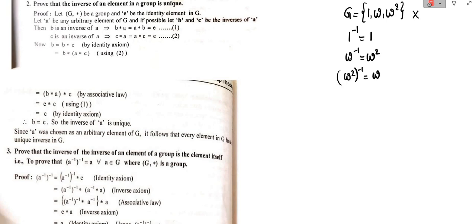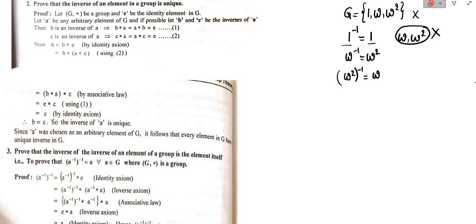Observe once, the inverse of an element in a group is unique. That means the inverse of 1 is only 1. If the inverse of 1 is 1, then omega and omega square are not inverses of 1.